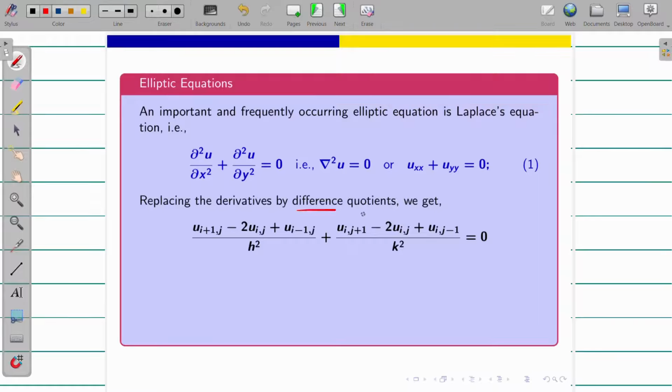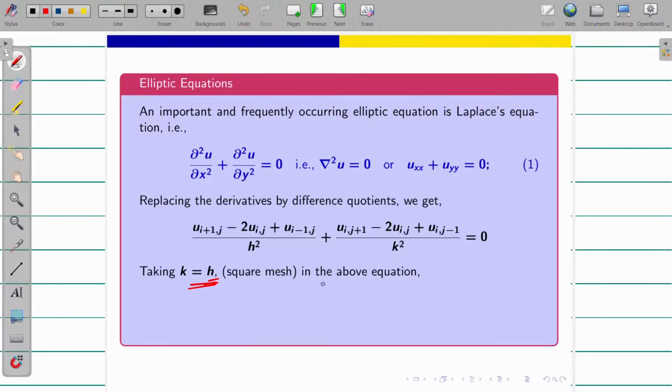Using difference quotients. In the previous video, we discussed how to change differential equations to difference quotients. We are going to do that now. u_xx is this, and according to the difference quotient, u_yy will be this, equal to 0. Simplifying with k equal to h, where h is the distance in the x direction and k is the distance in the y direction.